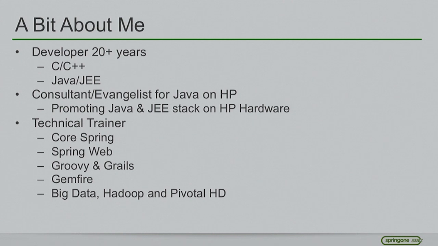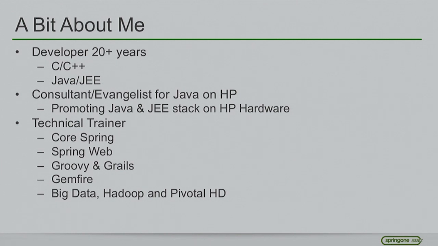A little bit about me. I've been in the development space for a few years, and I've done a couple of different languages, including C and C++, Java, and Enterprise Java, and so forth. I've actually bounced a little bit back and forth. I'm kind of schizophrenic when it comes to whether I prefer to be just a developer, or to be out amongst folks like this, sharing the result of some of the experiences that I've had. So I've gone back and forth, and as you can see, I spent a little bit of time as a consultant evangelist at HP, talking about Java and Enterprise Java on the HP platform.